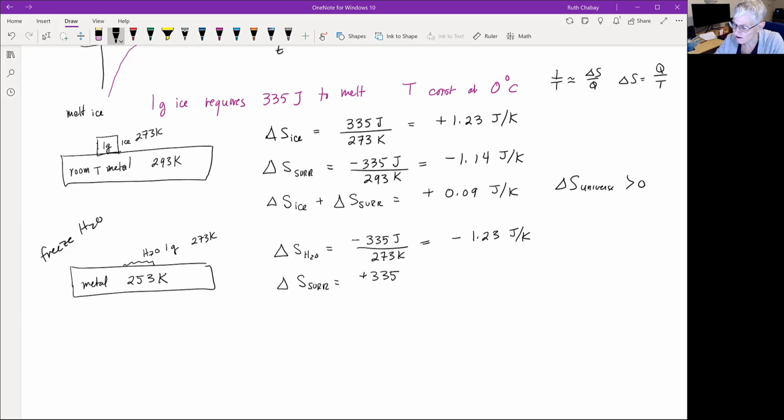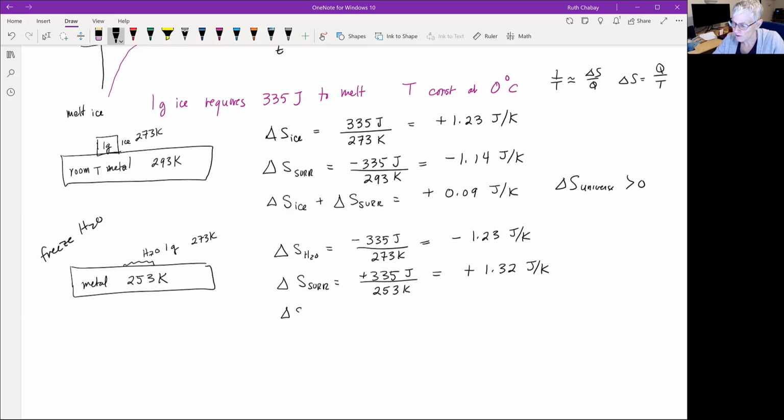The block gained 335 joules of energy, and it stayed at a temperature of 253 Kelvin. And so its entropy increased by 1.32 joules per Kelvin.